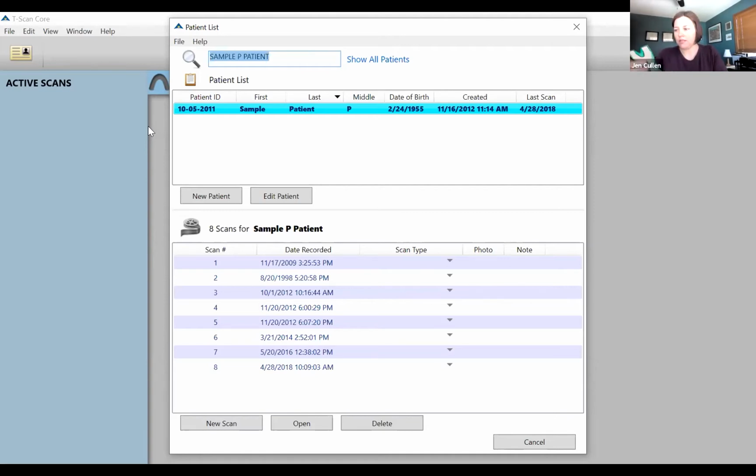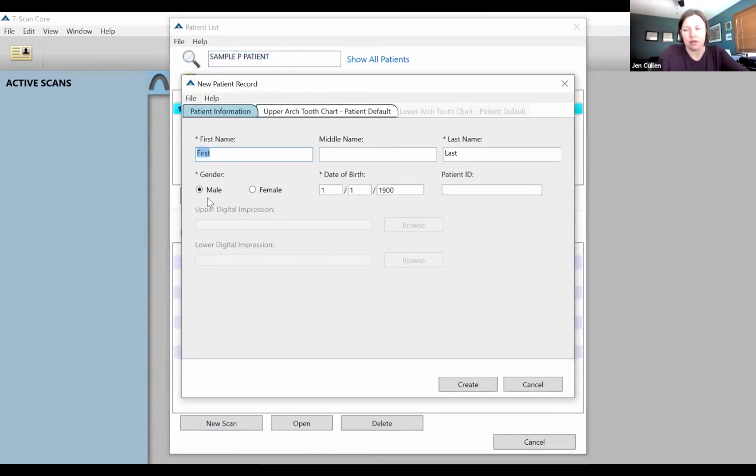I'm going to put this in here. You guys will get to see my bite because I'm going to take a scan on myself. So I'm going to enter myself in as a patient. If you're familiar with T-Scan already, you'll notice that the software looks similar.